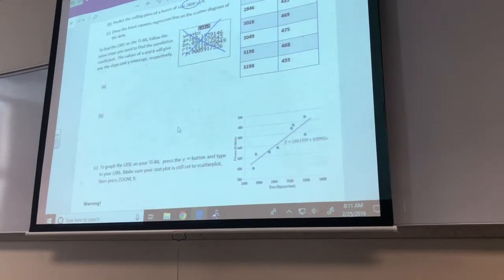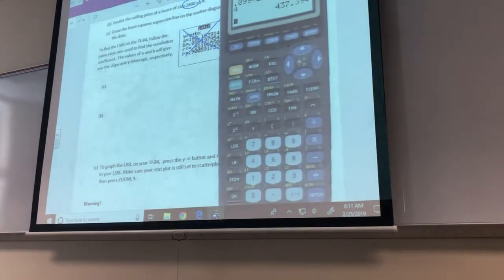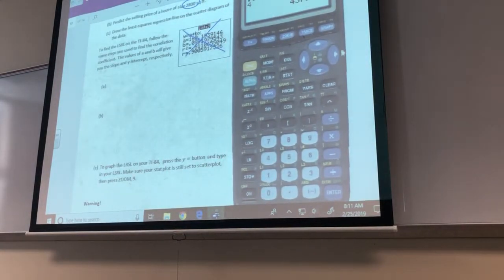So the way you can do that is listed out here in part B. What you're going to do is, if you go to y equals, this button right here, so don't hit second first to get to the stat plot, just hit y equals, and we've got different equations we could possibly put in. This is somebody else's.